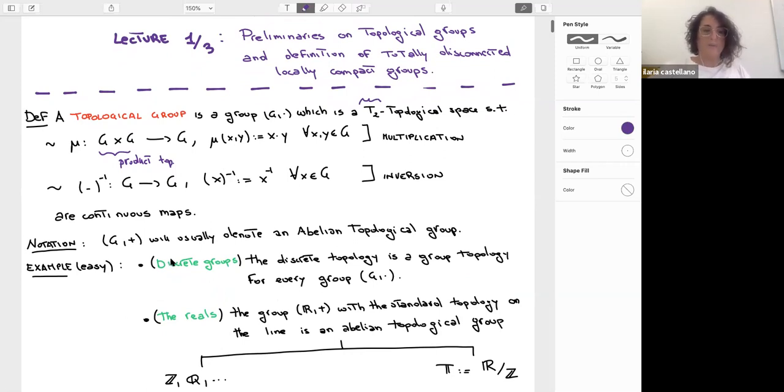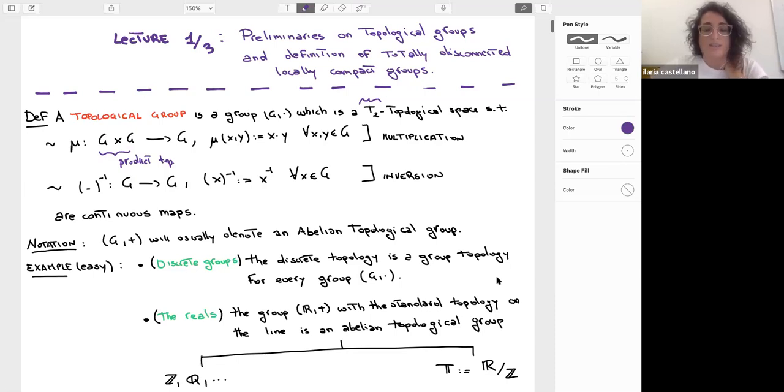Let's see some examples. The first one, so the easy one, discrete groups. What do I mean by discrete groups? I mean that whenever you pick a group, that can be your favorite group, any group you can think about, you just pick this group and then you choose to endow the space with a discrete topology.